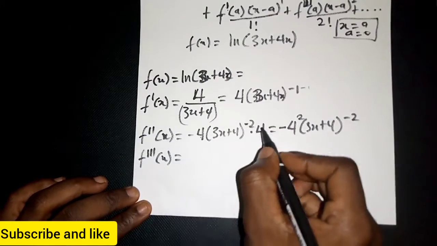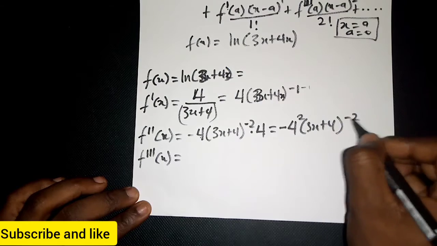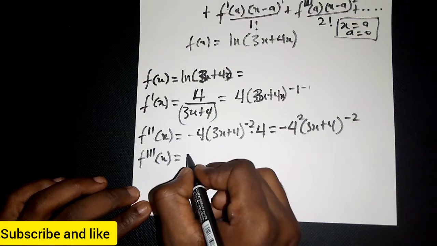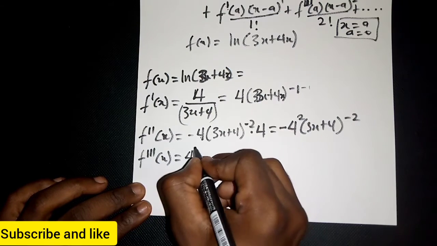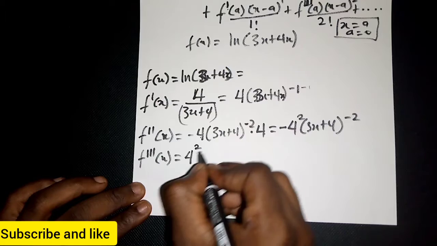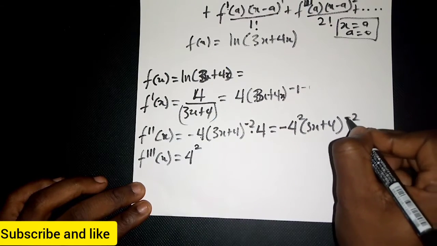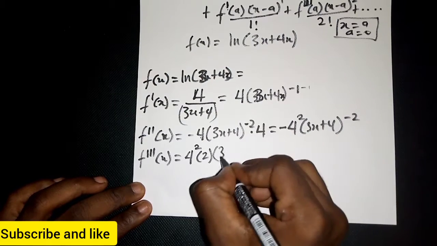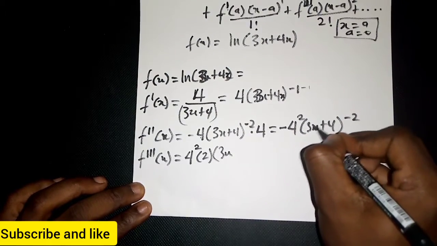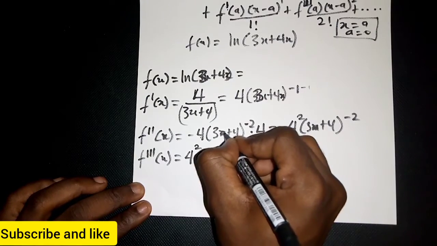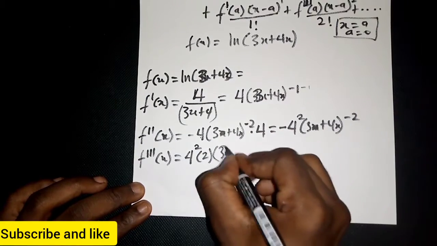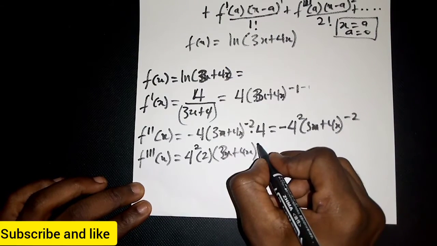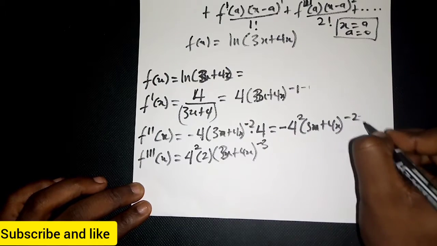So we do the third differential. We drop the negative 2, so negative becomes positive. We still have 4 squared, multiplied by 2, then 3 plus 4x to the power negative 3, because we subtract 1 from it.